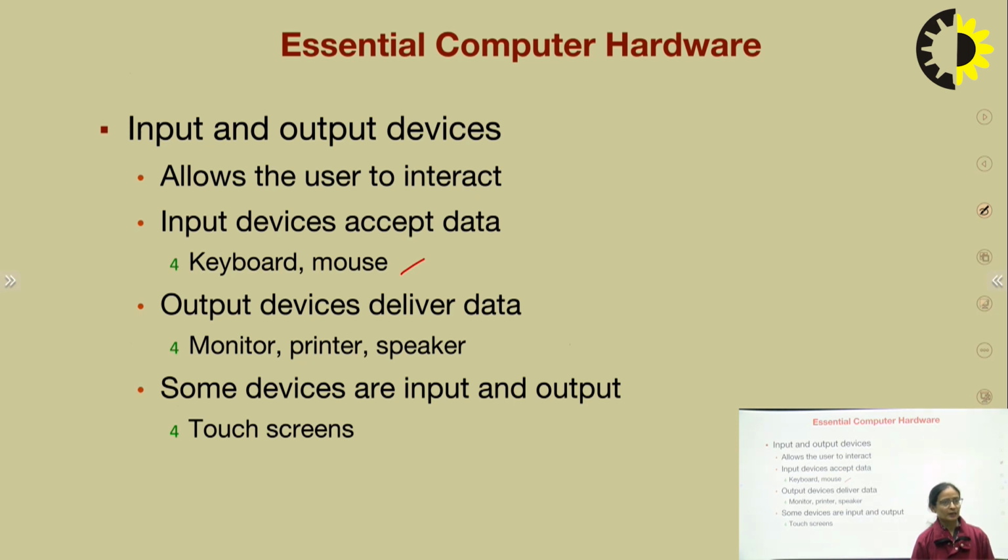Output devices deliver the data, show the data, or store the data for you. Examples are monitors, printers, speakers, and so on. Some devices fall under both categories. For example, touch screens can be used for both input as well as output.